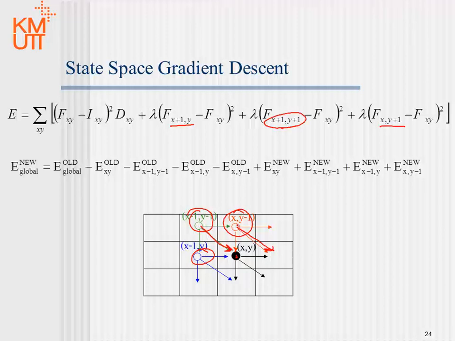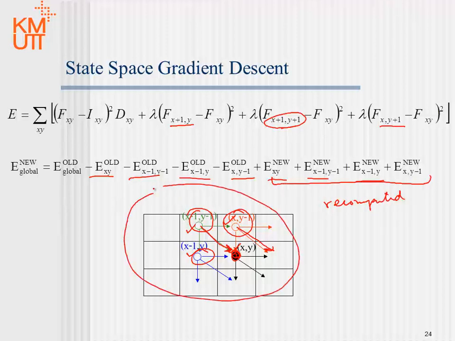He or she could be looking at this particular pixel, and therefore you have to recompute 1, 2, 3, 4 values. So you subtract off the old 4 values and put in the newly recomputed ones. So these 4 must be recomputed. But you don't need to recompute the whole image, not 10,000 if you have a 100 by 100 image, but just basically 3 or 4 values.